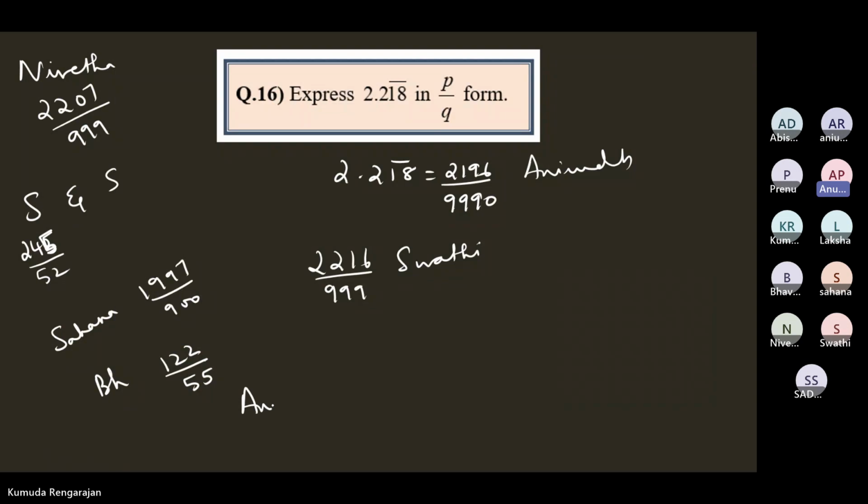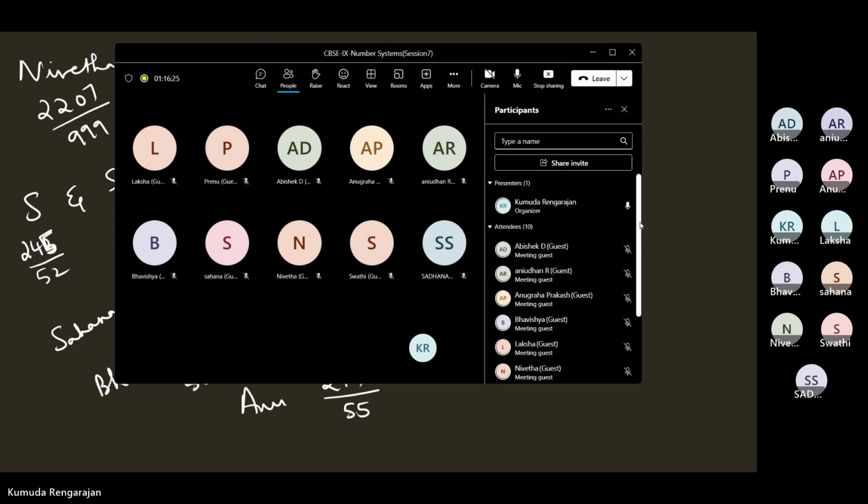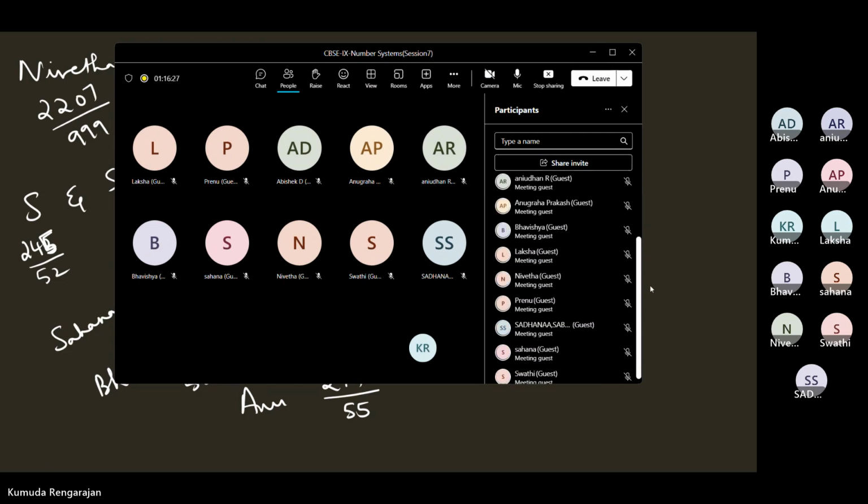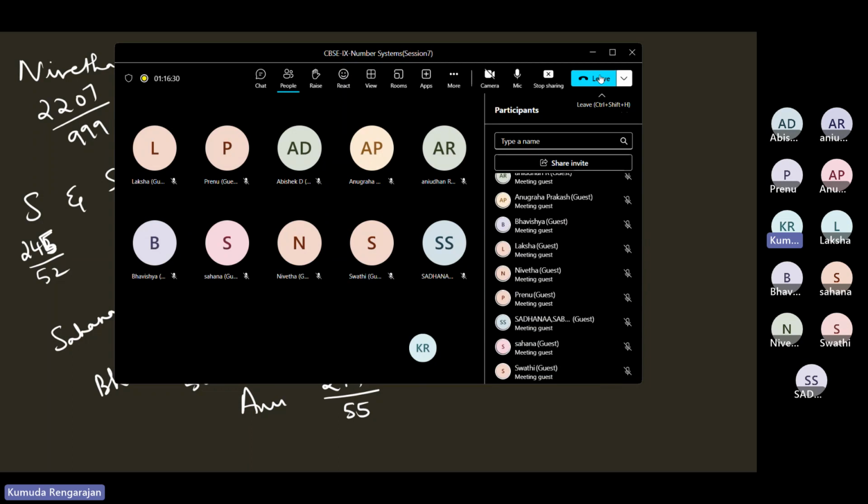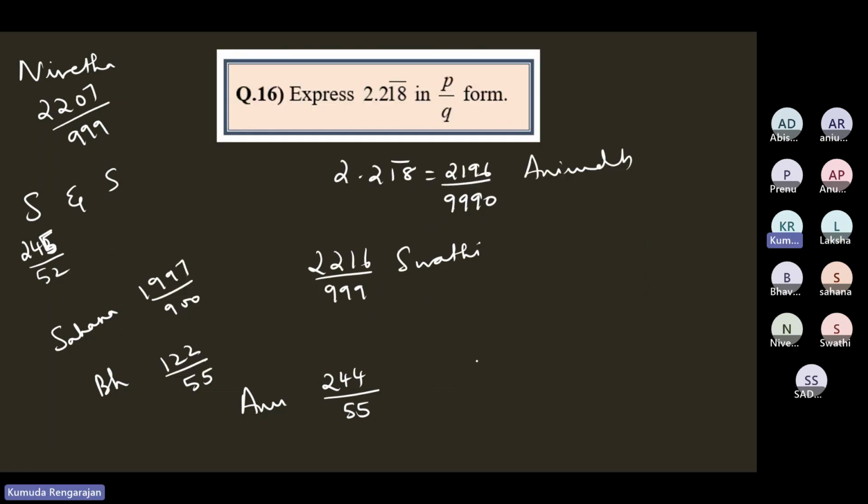Ma'am, I got 244 by 55. 244 by 55? Laksha and Prenu. Prenu, what's your answer? Ma'am, 244 by 55. Very confidently you're saying this. And Laksha? Ma'am, 2216 by 919.